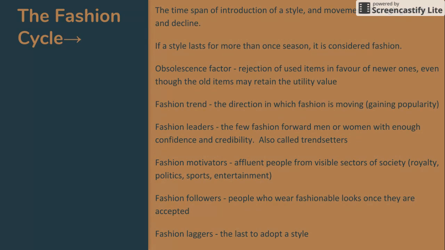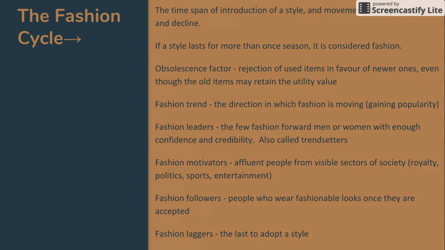Fashion leaders are people who push fashion trends. So they're people with enough fashion credibility and confidence that they can wear things that are fashion forward. Fashion leaders and trendsetters can be terms that are mixed back and forth. Fashion followers are people who wear fashion looks once they're accepted, but a trendsetter would wear it before it's accepted.